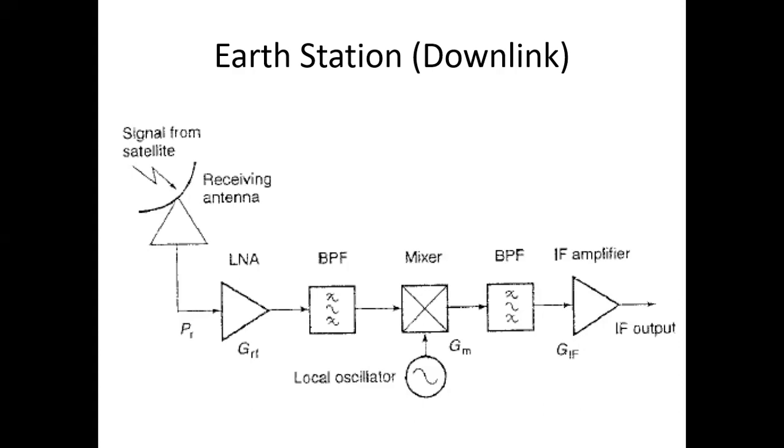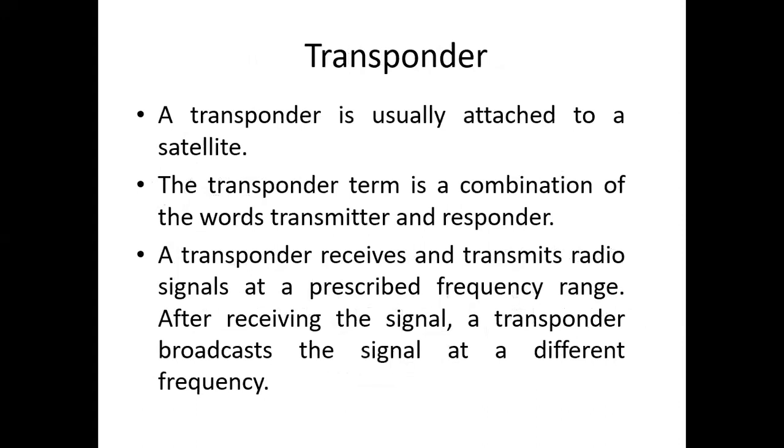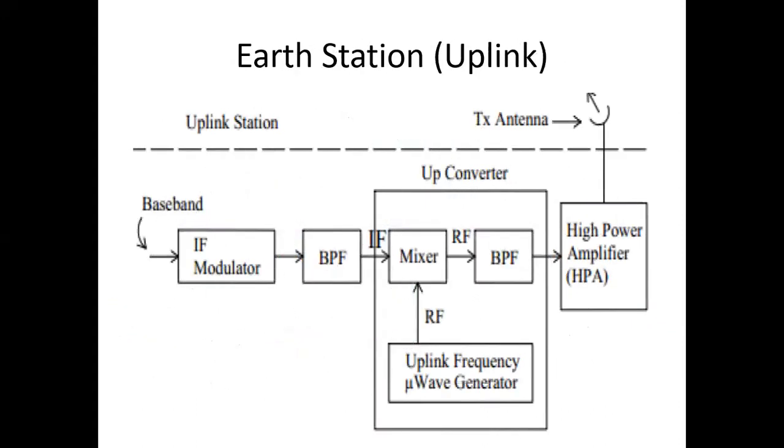It is receiving it and sending it back to the Earth, and at another Earth station we are receiving the signal. That's how the example explains the operation for a TV station.